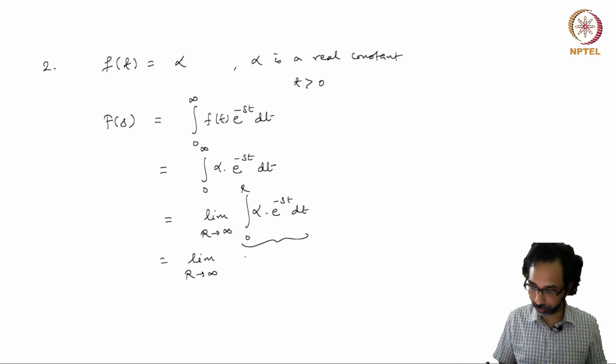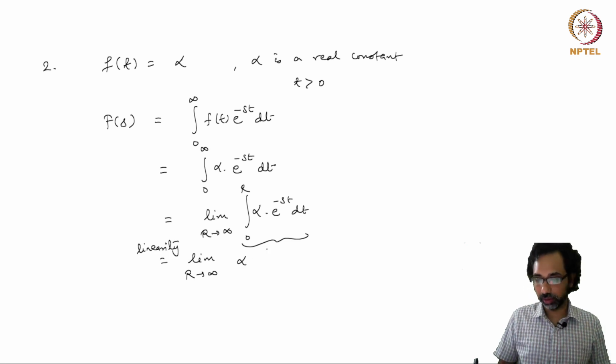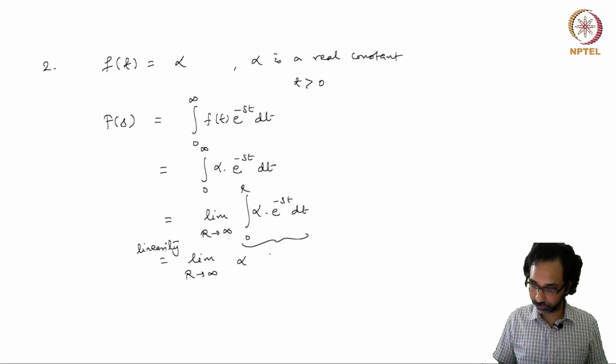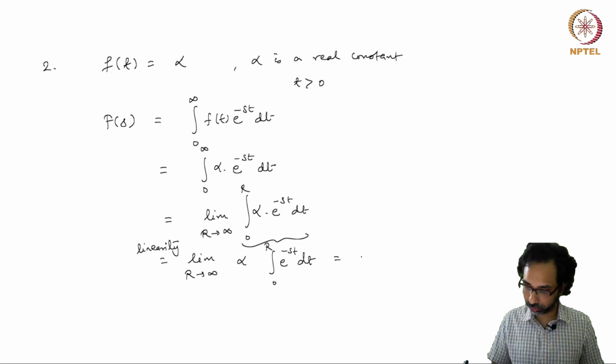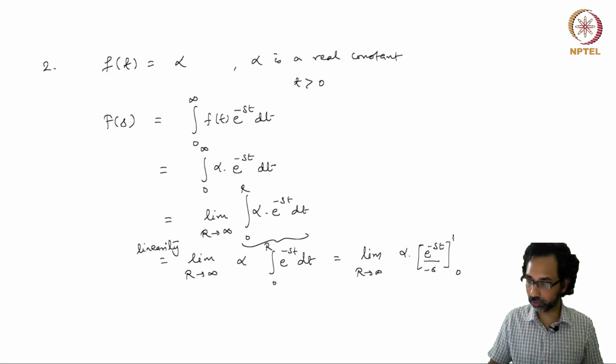First we use the linearity property of the integral, taking the constant alpha out of the integral. So we are left with the integral of e to the minus st dt from 0 to r. This can be easily evaluated. This is alpha e to the minus st over minus s from 0 to r.